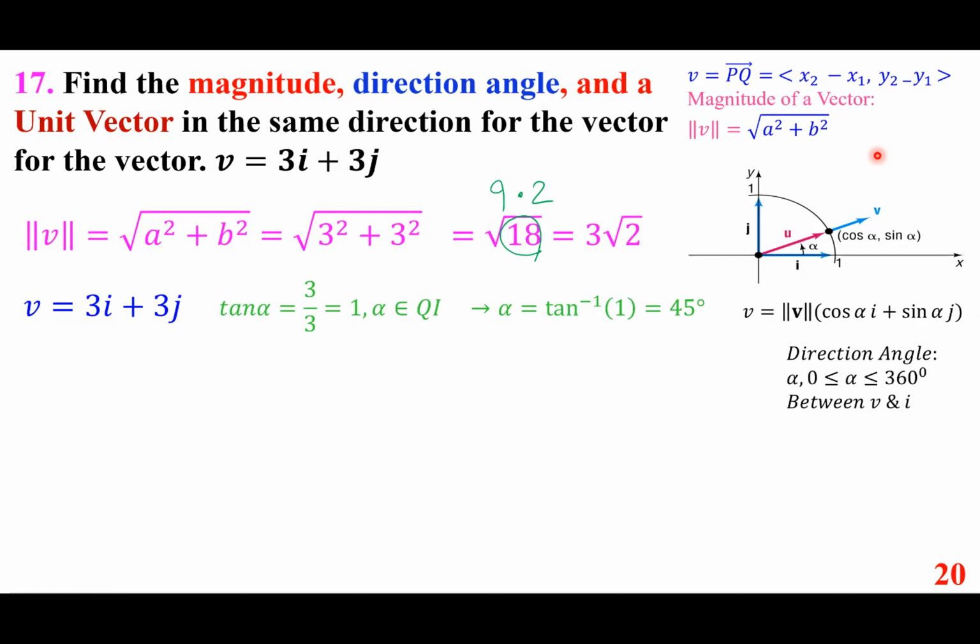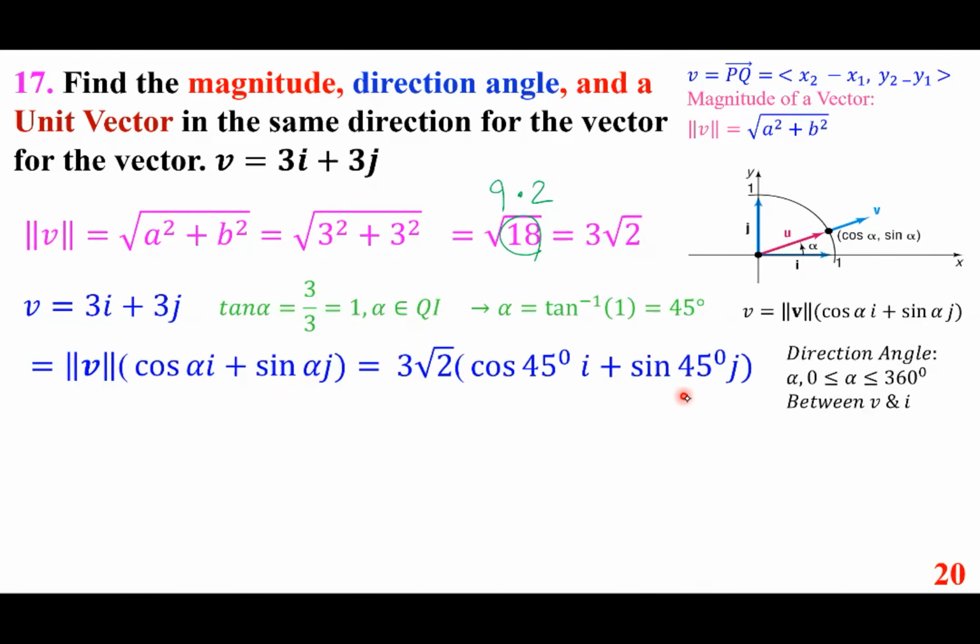Therefore, we're going to write the magnitude of v times cosine alpha i plus sine alpha j. Representation would be 3 square root of 2 cosine of 45 degrees i plus sine of 45 degrees j. So this is the vector, and the next thing is the unit vector.